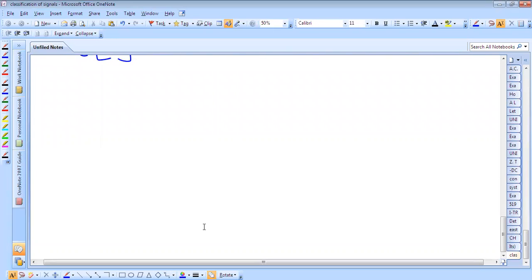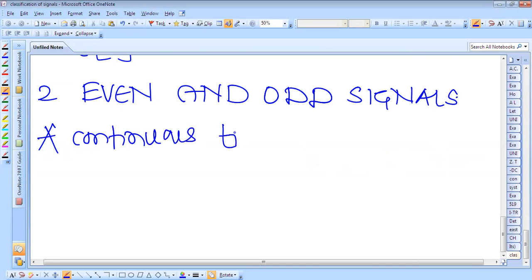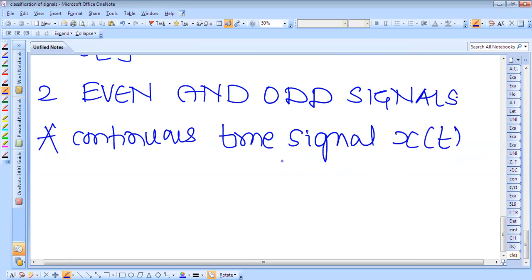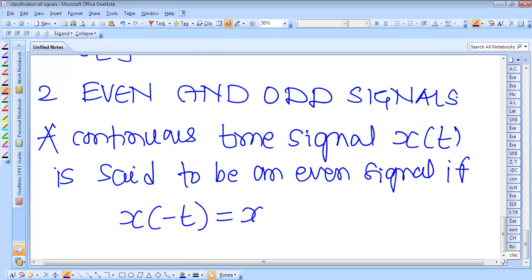Now we will see the even and odd signal. A continuous time signal x of t is said to be an even signal if x of minus t is equal to x of t for all t.